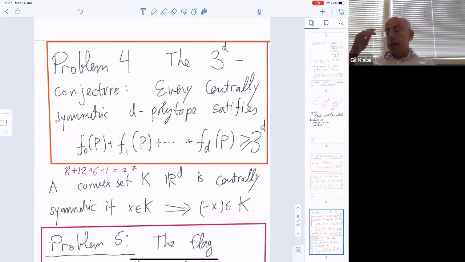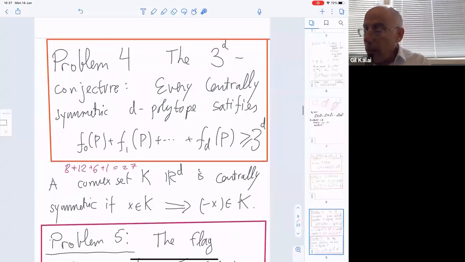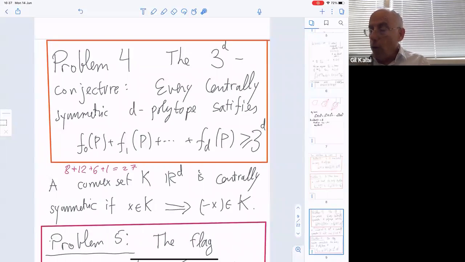The simplex, of course, is not centrally symmetric. The simplest centrally symmetric polygon in the plane is the square. The square has 4 vertices, 4 edges, and the square itself is 1. So altogether we have 9 non-empty faces. In one higher dimension, we have the cube.